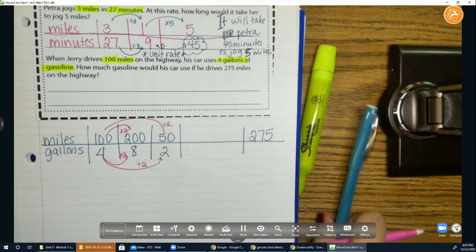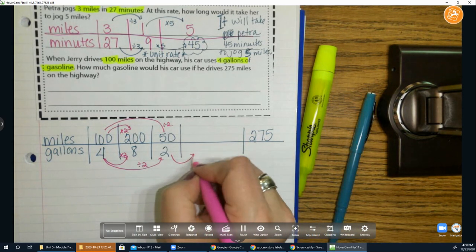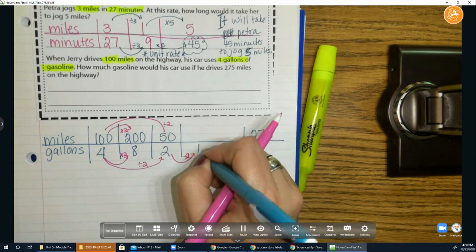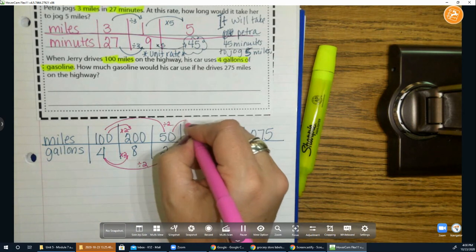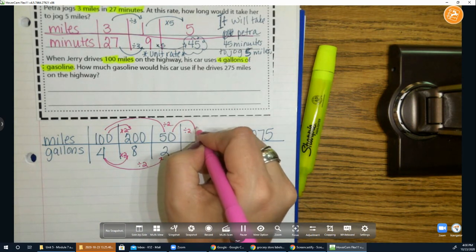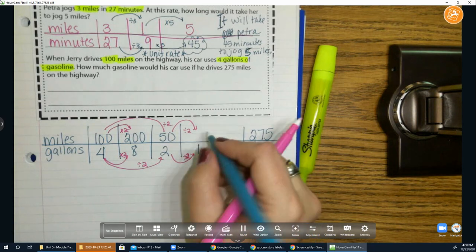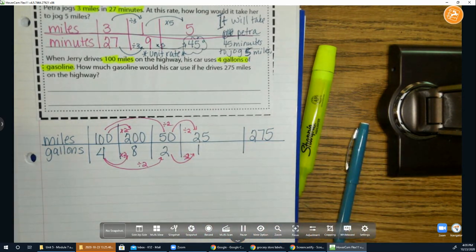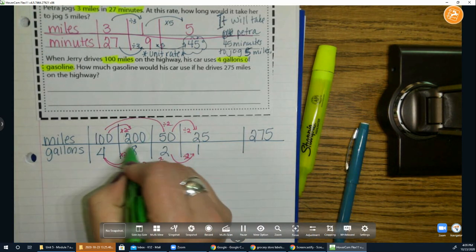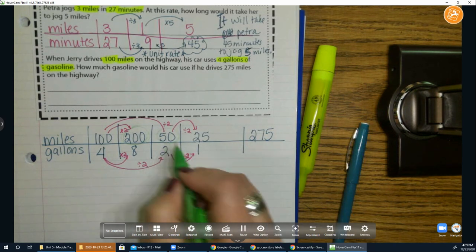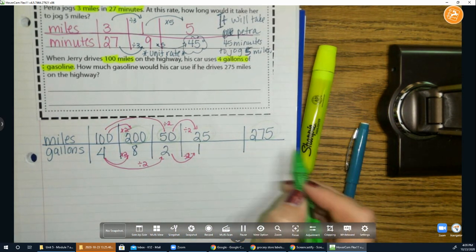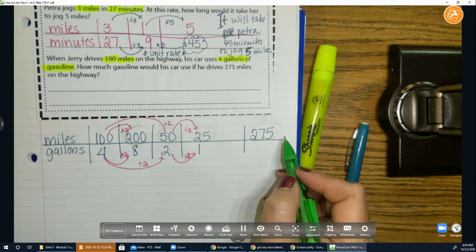Oh, but if I halved 2, I get 1. And if I halved 50, I get 25. So, and if I total 250 and 25, I get 275.